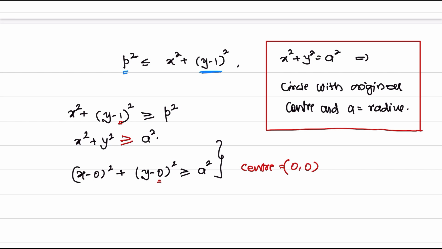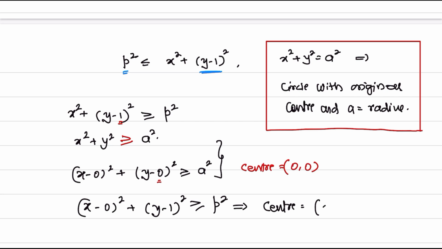For the circle x minus 0 whole square plus y minus 1 whole square is greater than or equal to p square, from above the center is at x 0 and y 1.